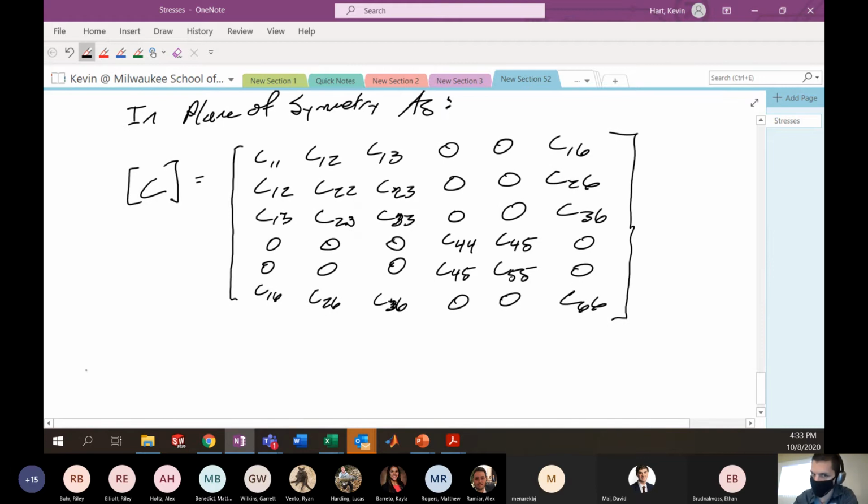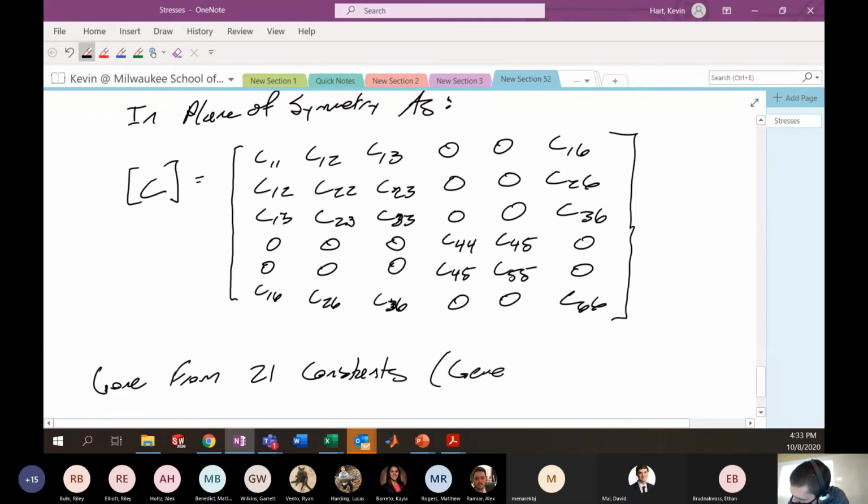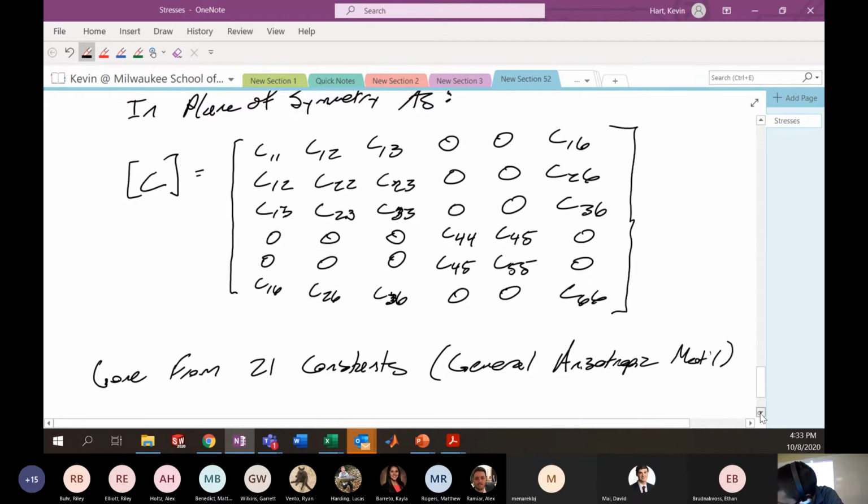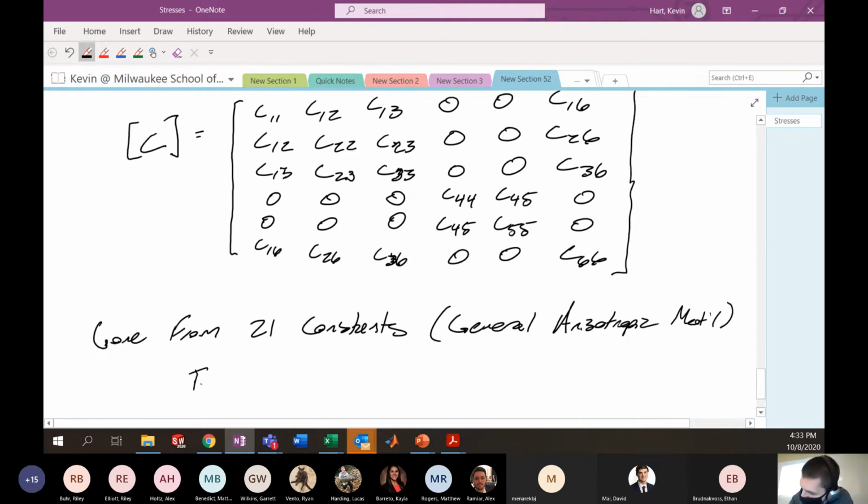So here, we've gone from 21 constants for what is a general anisotropic material to 13 constants.